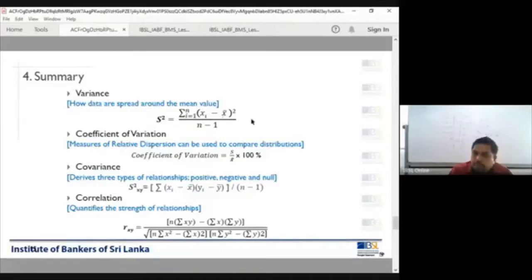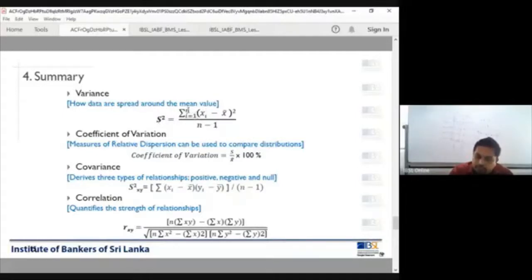Variance, for how many variables are we going to define? Simple, it's just one variable. Covariance would be the instance where you will be discussing the variance of 2 variables. Covariance, cohesion, or co-movements.